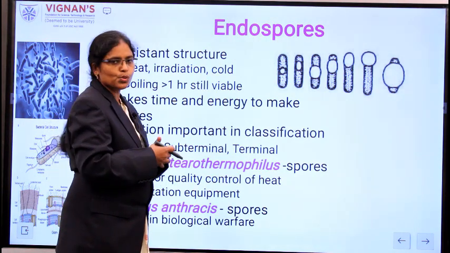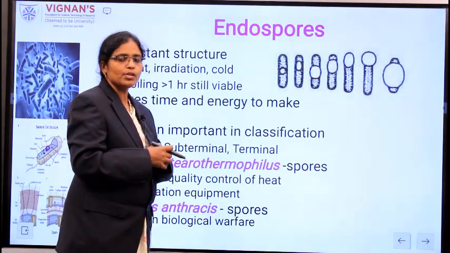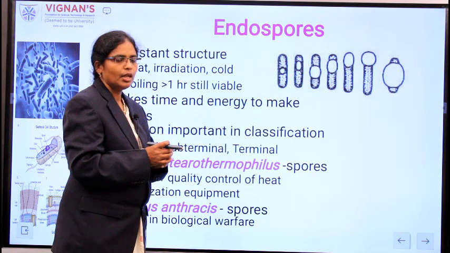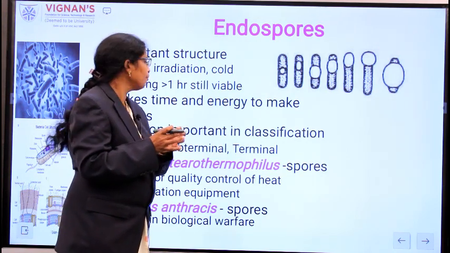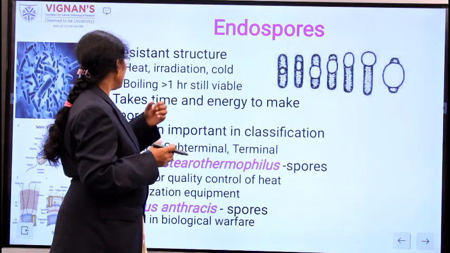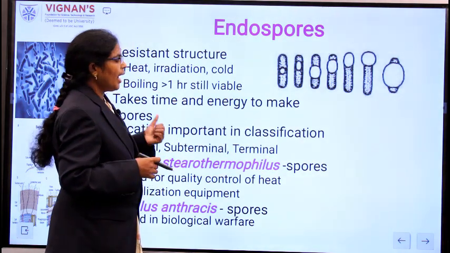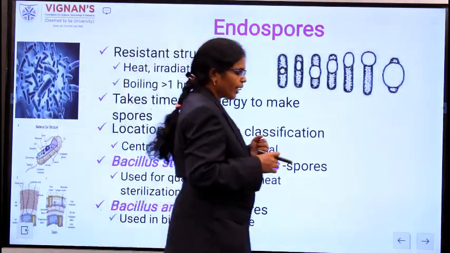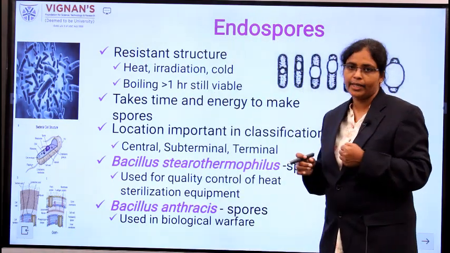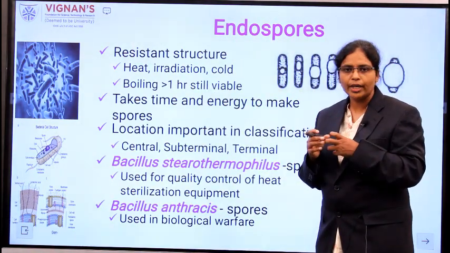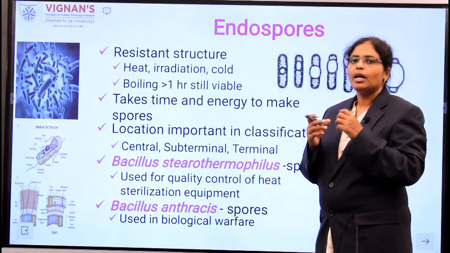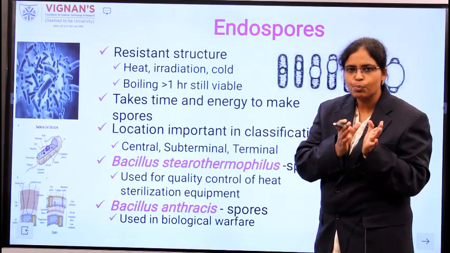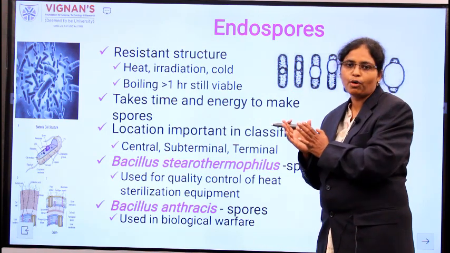Now see the endospores. Endospores are dormant structures. They reserve the energy and storage of the food material. And the endospore location is also very important. Based on the location and number, we can differentiate the endospore formers and non-endospore formers.